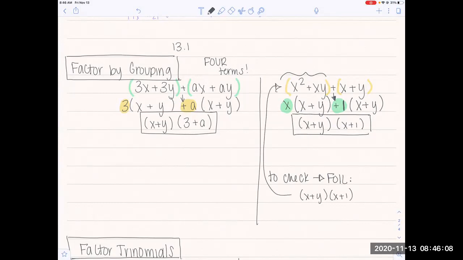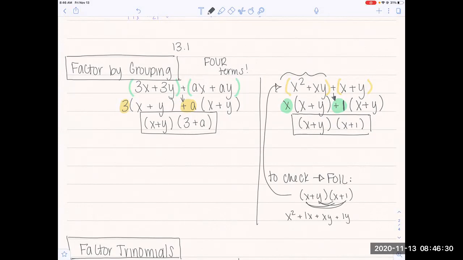And so that's what I'm looking for. So FOIL first, x times x gives me x squared. Outer, x times 1 gives me 1x. Inner, y times x, well, I can write that as xy. And then last, y times 1 or 1y.